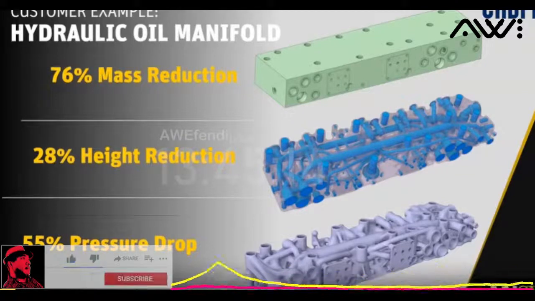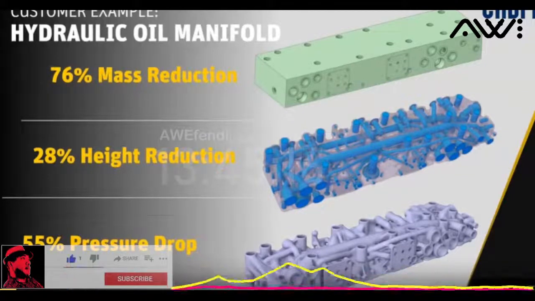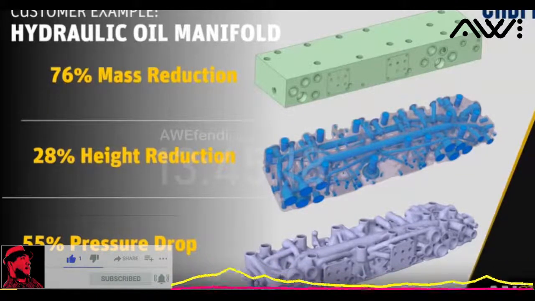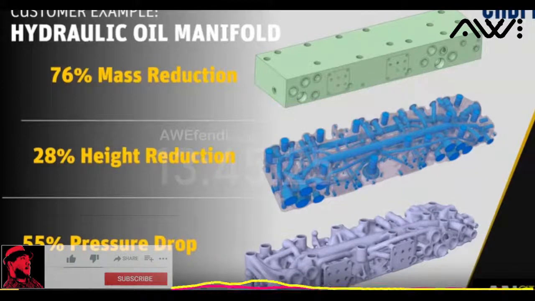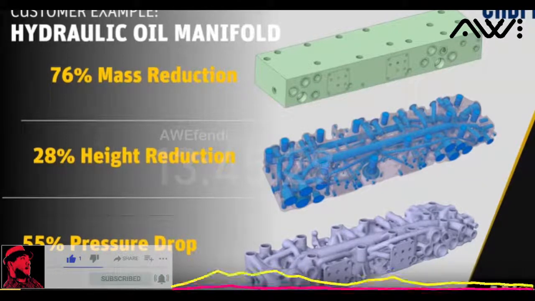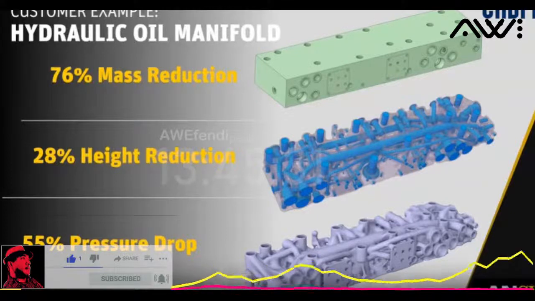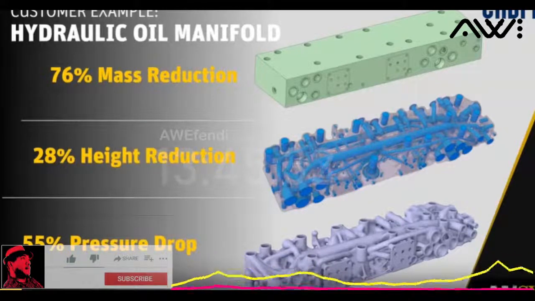So how do we reduce weight? How do we reduce all the height, but still keep that range of the pressure drop? They went through this entire exercise, leveraging Discovery, and came out with a pretty impressive part at the very end. So it's always good to see that and understand how somebody's actually using it.